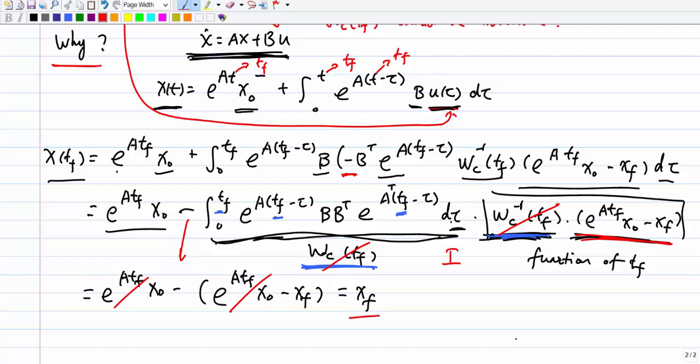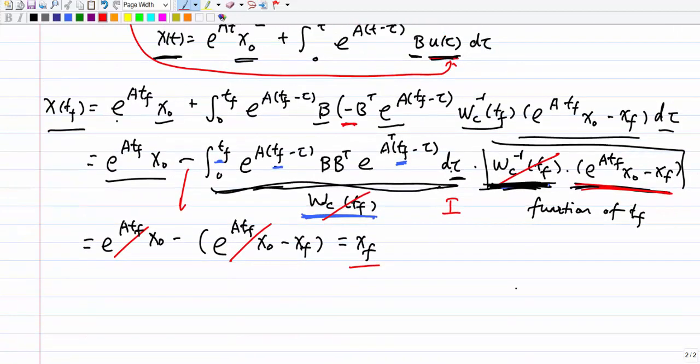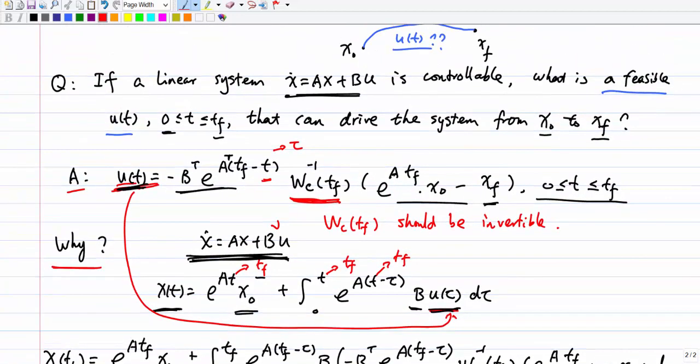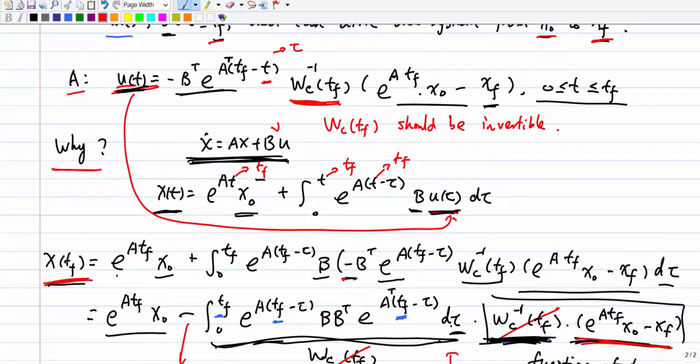So that's the reason why we can design the control input u(t) this way, and by calculation, indeed my x(tf) will be xf. That's why this is a valid control input that can drive my system from x0 to xf at time tf. Okay, so that's all for the controllability for linear time invariant systems.